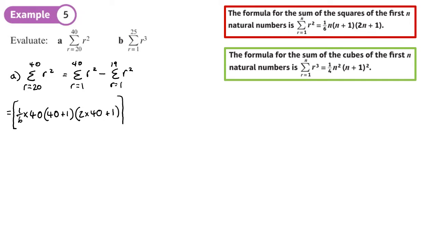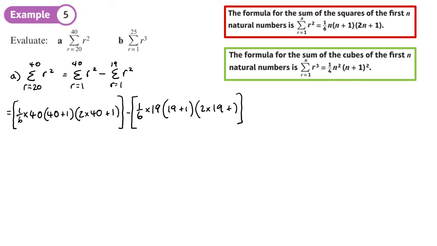Okay, so that's for the first one, and now I want to subtract the same thing but with 19 in there. So it's going to be 1/6 times by 19 times by 19 plus 1 times by 2 times 19 plus 1.